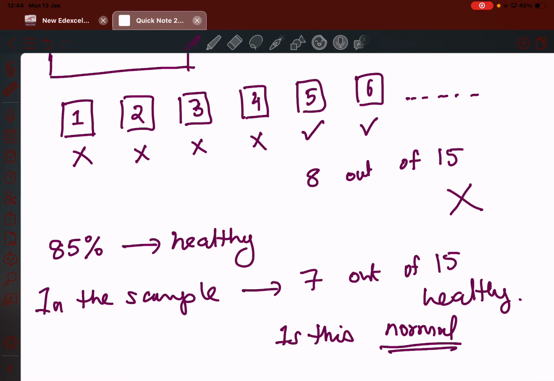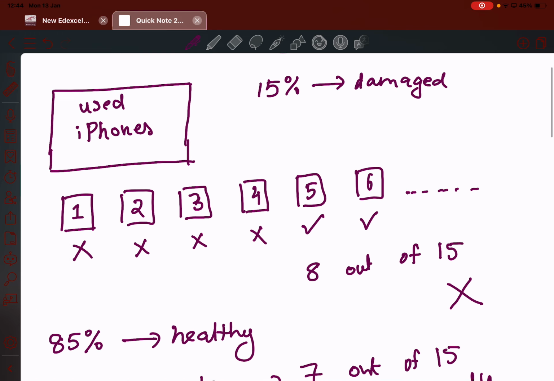Okay? That is the entire idea of hypothesis testing. You have a big theory, or a big claim, about a huge population. The population that we're talking about is a container full of used iPhones. Mr. Thomas claims that 85% of them are healthy, but we can't really go and check all the iPhones in that container.